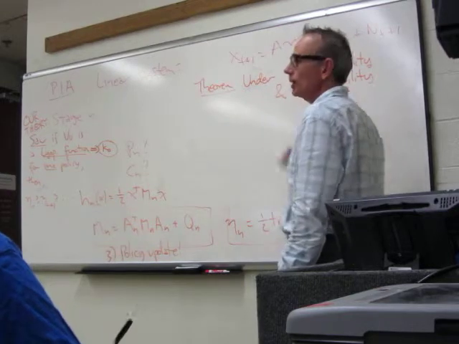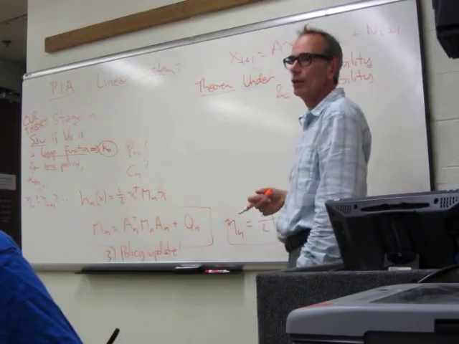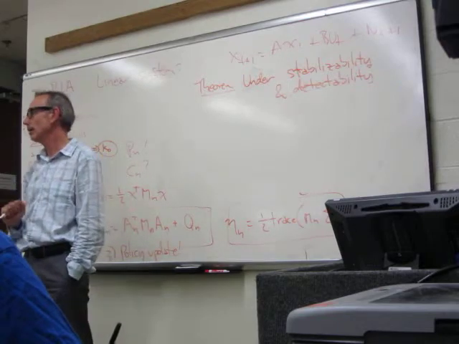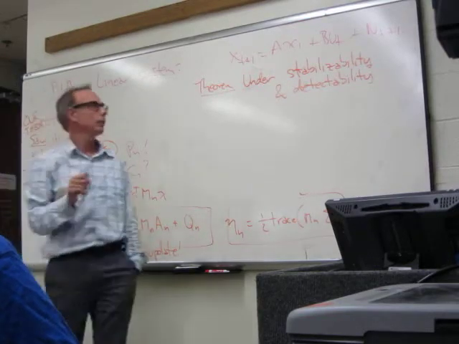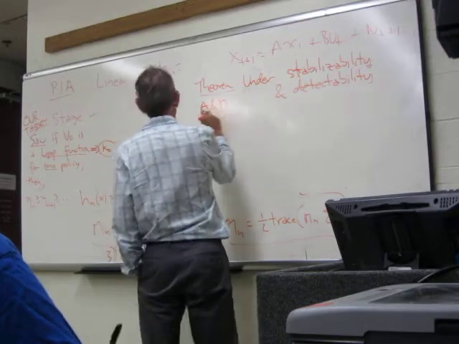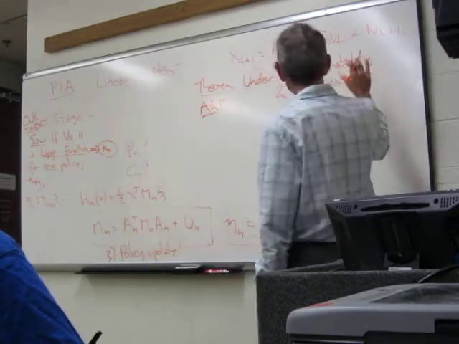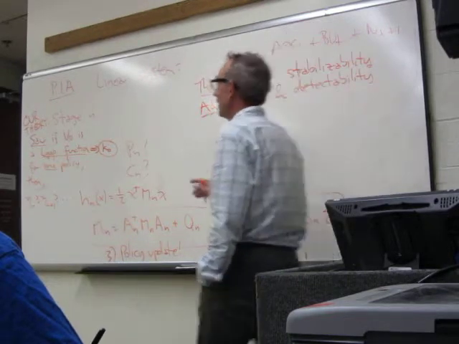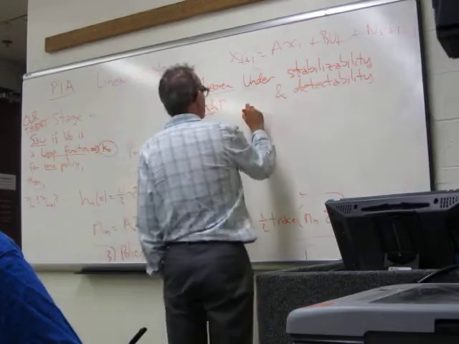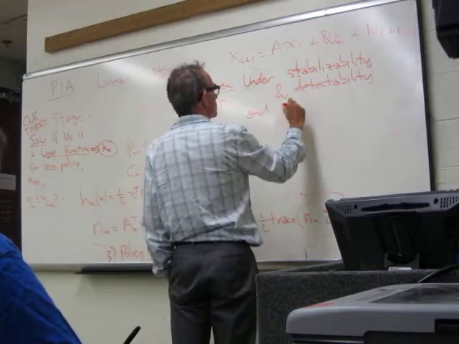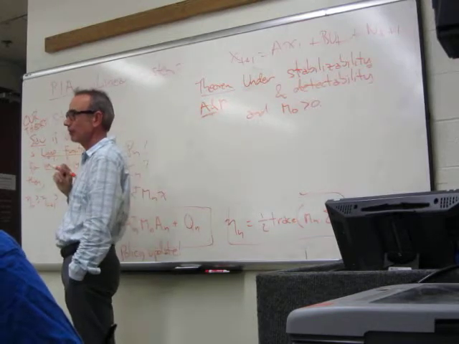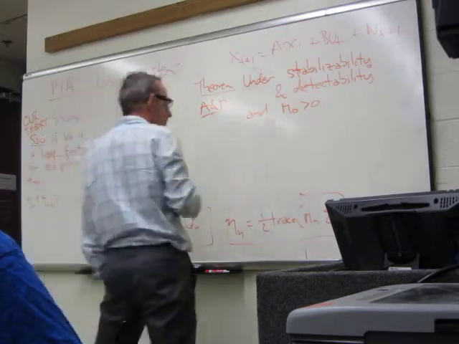So the detectability is a relaxation of the conditions I had before. In our theory, I needed something stronger. I needed this coerciveness condition. So the theorem, if you look at, say, Anderson and Moore, the main reference I mentioned last time: under stabilizability, detectability, and if M0 is positive definite, so you don't actually need it to be a Lyapunov function, just a positive definite function, then what's going to happen?